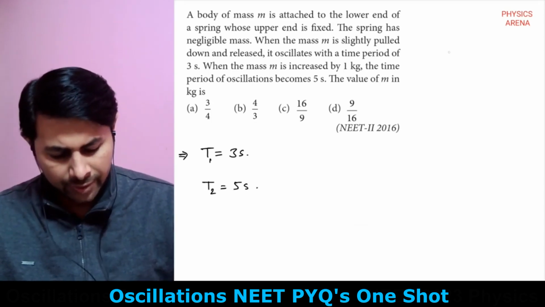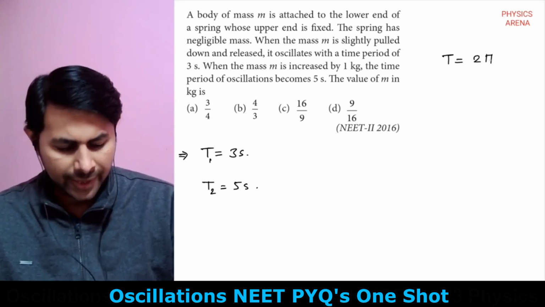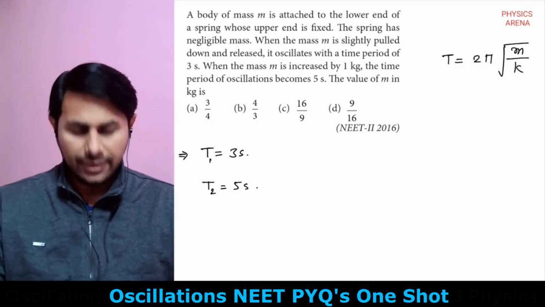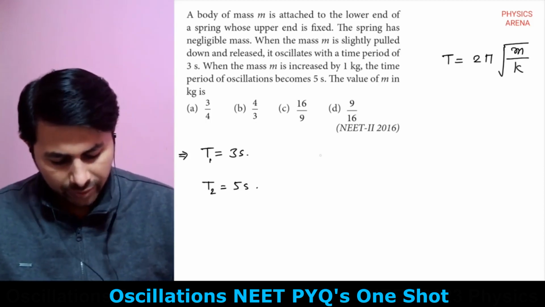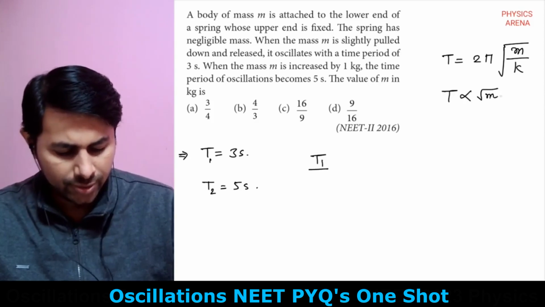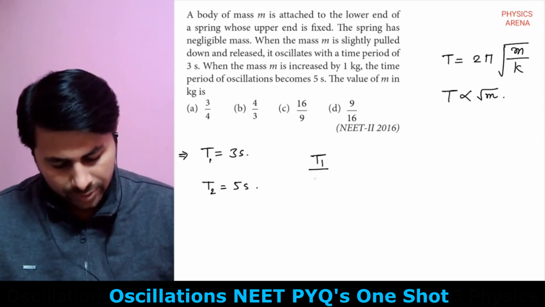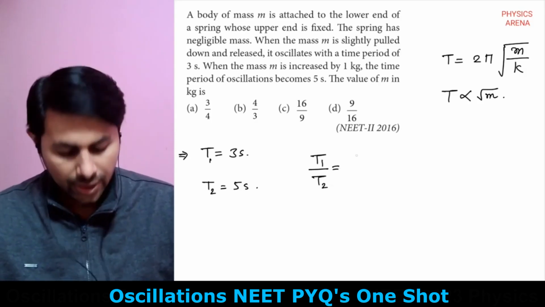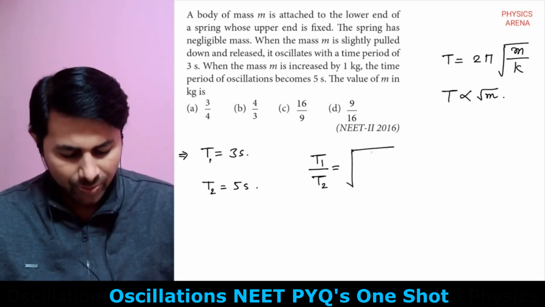So we have T equals 2 pi square root of m upon k, right? This formula we have. So T1 by T2, I can say T is directly proportional to root m. So T1 by T2 equals root of m1 upon m2.